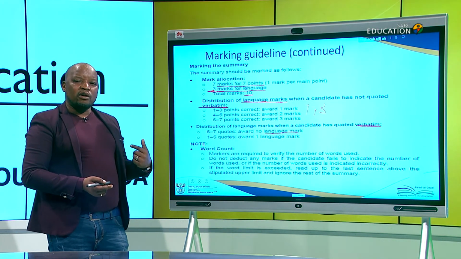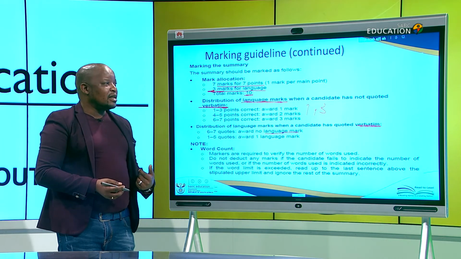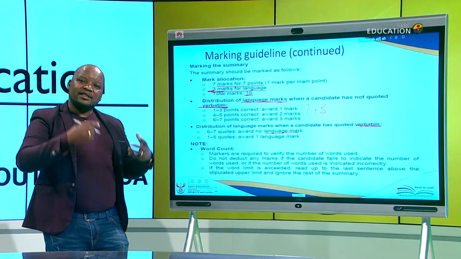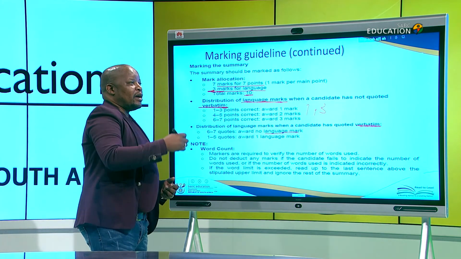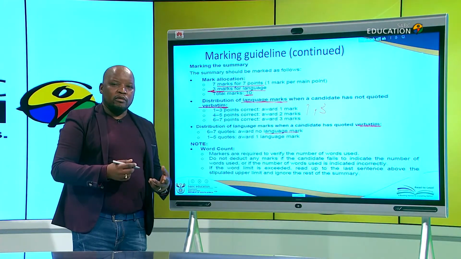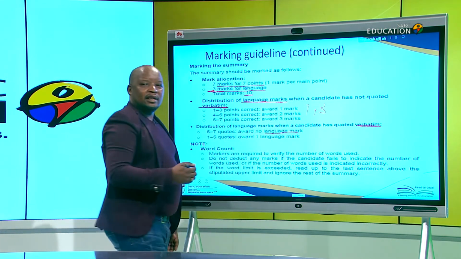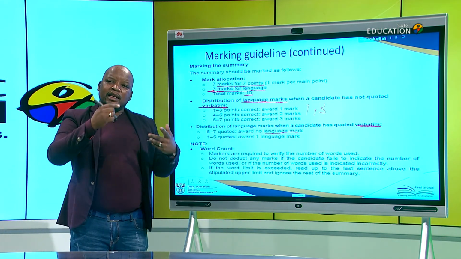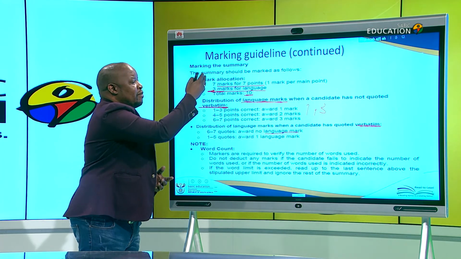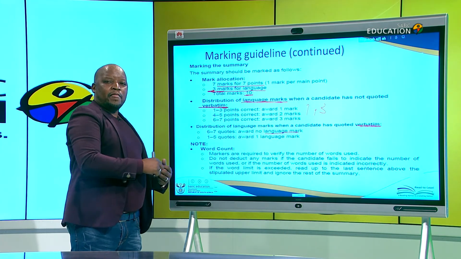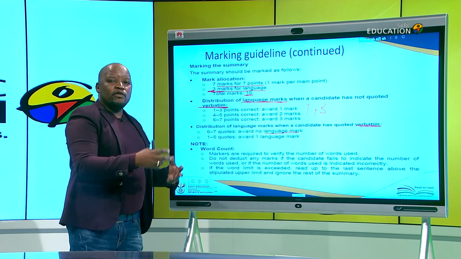One of the tips that I always give to my learners, in order for you to get 70 words: maths literacy says if you've got 10 words in point number 1, you have 10 words. Point number 2, you've got 10 words.